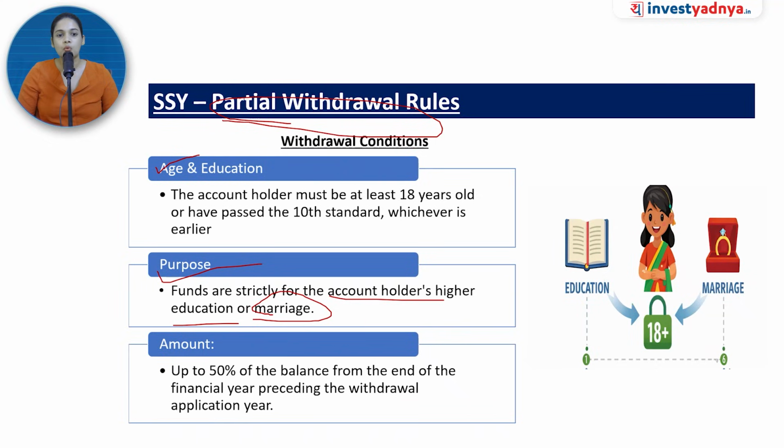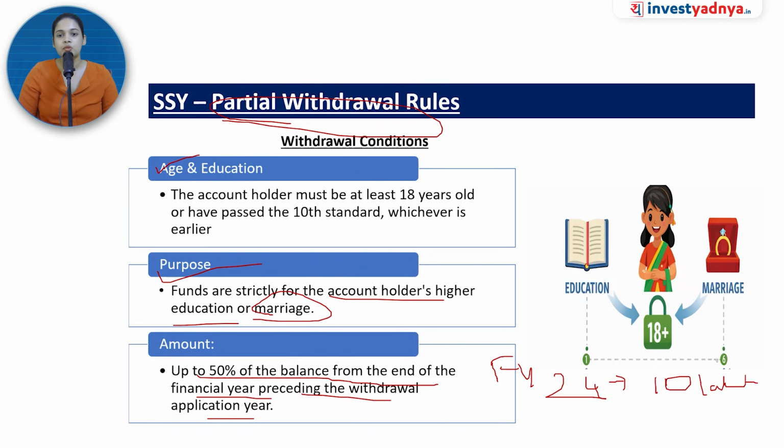So what about the amount? Up to 50% of the balance from the end of the financial year preceding the withdrawal application year. For example, suppose we take FY24 as the last year and the balance as of 31st March was around 10 lakh.